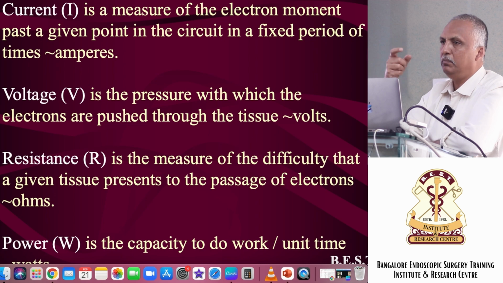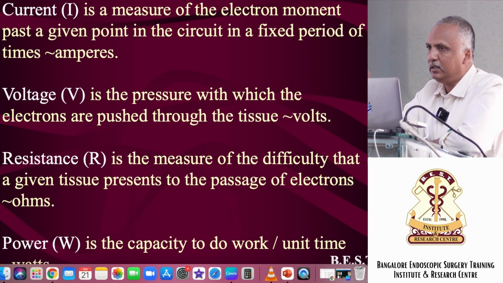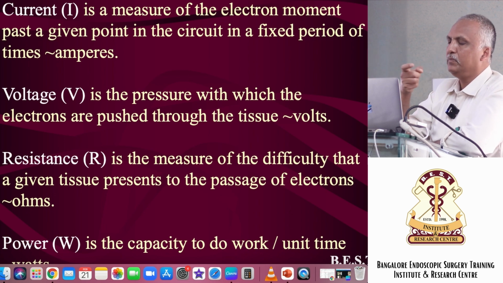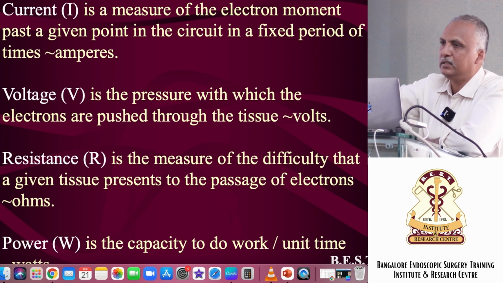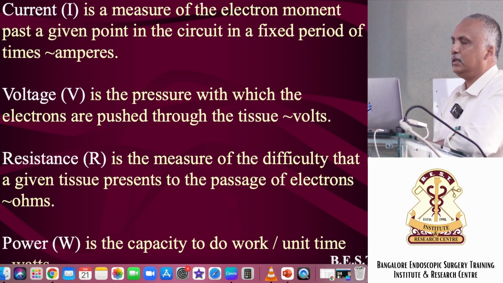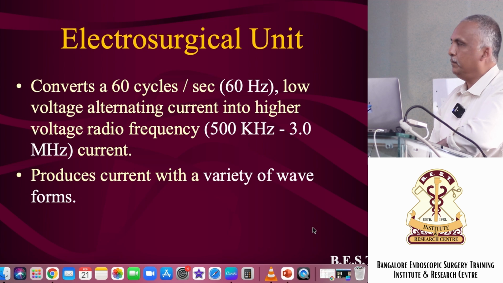Yesterday you saw me using it in the hernia, in a subcutaneous plane. Whenever there was fat, we held it for a little longer and it would burn. When you had areolar tissue, it would just go like that. That shows that the resistance is different and the amount of energy it takes is different. So, power is the capacity to do work in unit time.